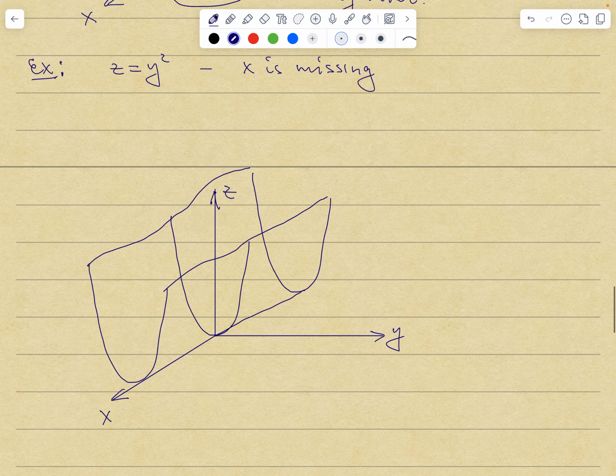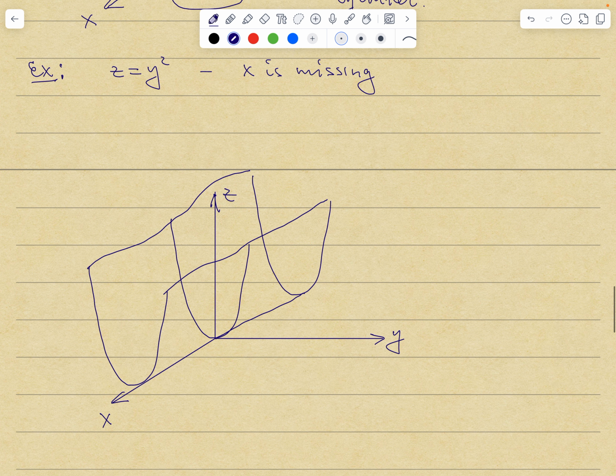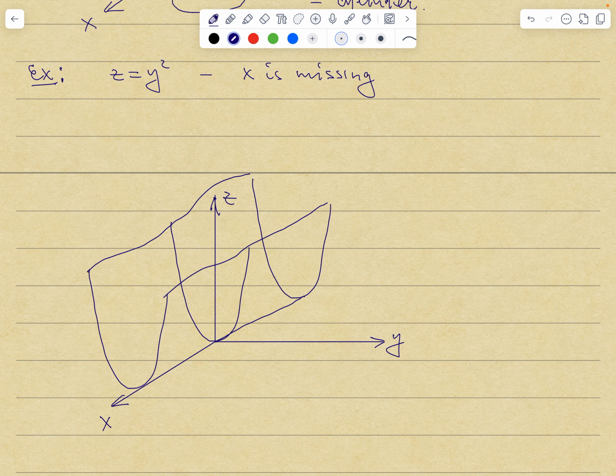So moral of the story here is whenever one of the variables is missing, you generate the graph of a surface by plotting the graph in the plane of the remaining variables, and then moving it along the axis corresponding to the variable that is missing, and therefore you always end up with the surface that we're going to call a parabolic surface.